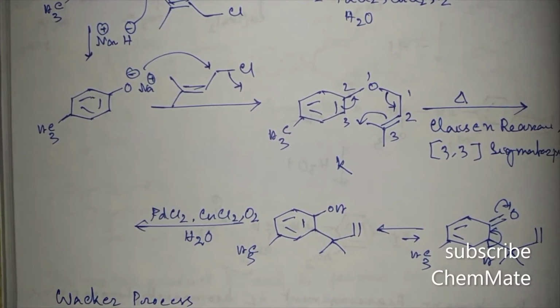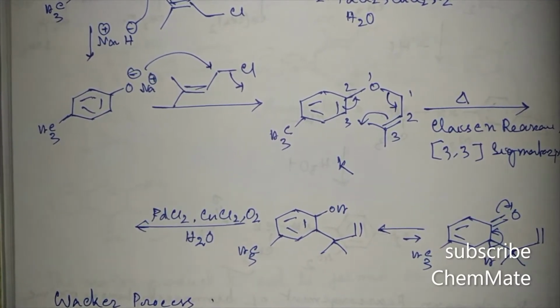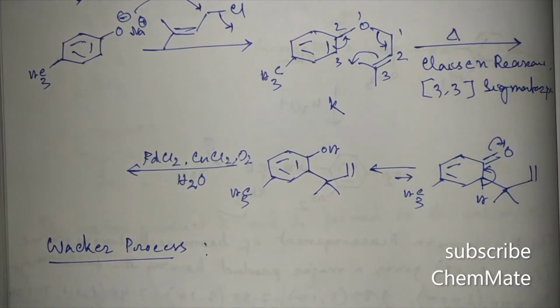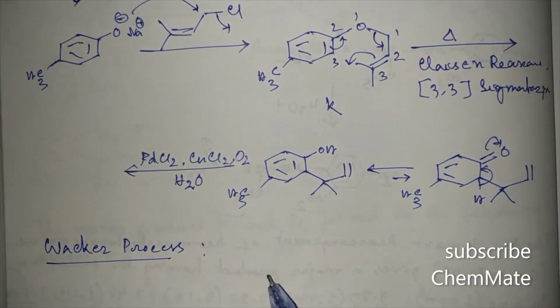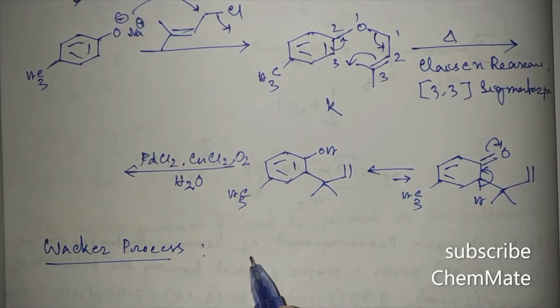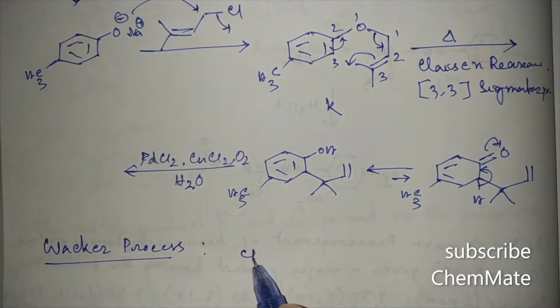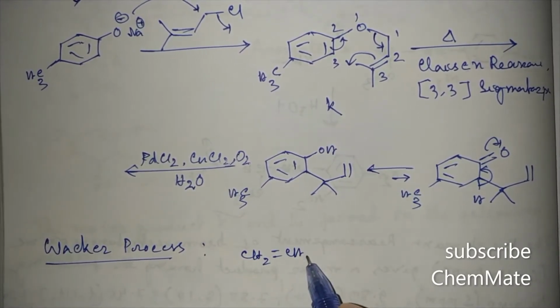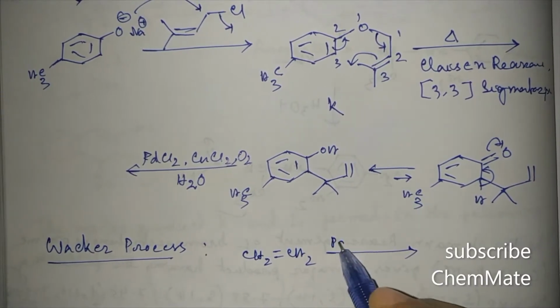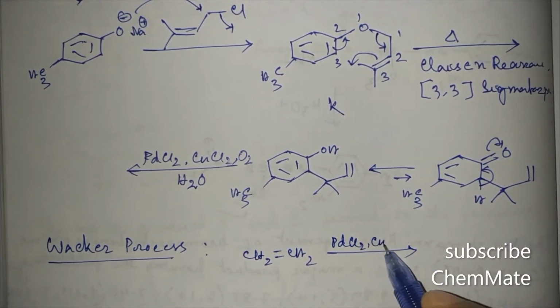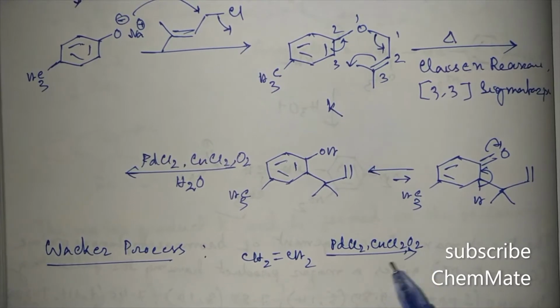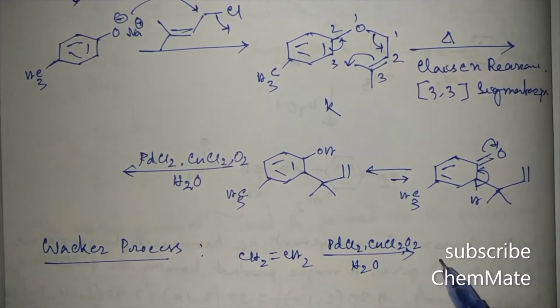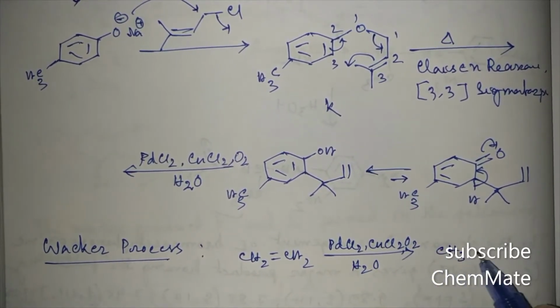In Wacker process, an alkene will be converted to the carbonyl compound. That is, if ethylene is treated with PdCl2, CuCl2 in presence of O2, H2O, then it will be converted into CH3CHO.